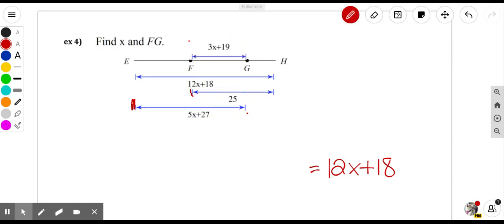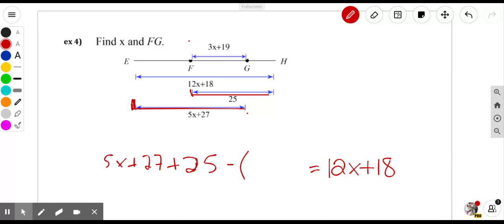We're going to have one small piece, this one, plus the other small piece, which is 25, and we're going to subtract the overlapping piece. And then we just solve for x.